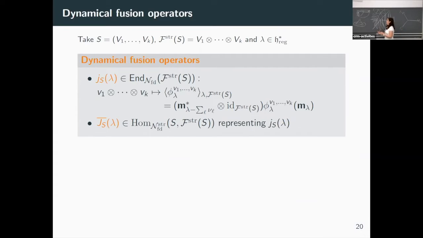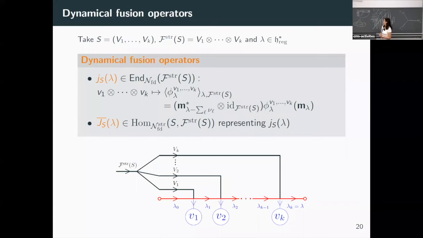And again, we can assign strictified versions to this, which we'll denote by J bar as lambda. So graphically, this would mean that we take our k-point quantum vertex operator, we take highest weight components, so these are the two dots. And then since we are going from an object labeled by a tuple of length k to something which is of length 1, we have to take this additional fusion operator, this non-dynamical fusion operator, and put it on top, so as to get something which is of length 1.